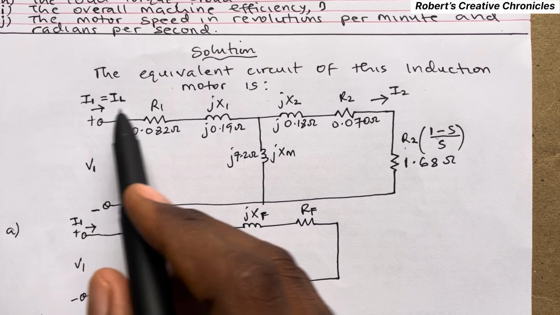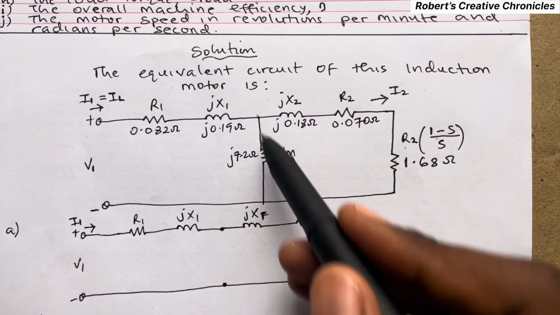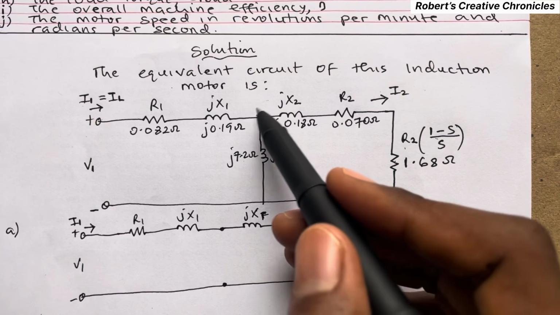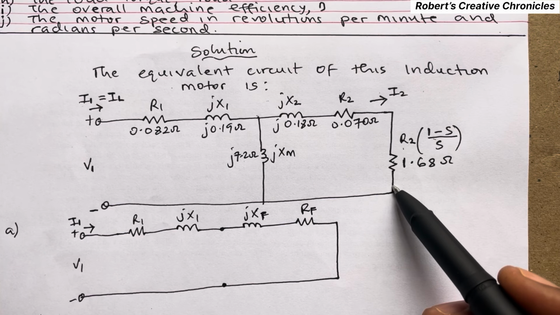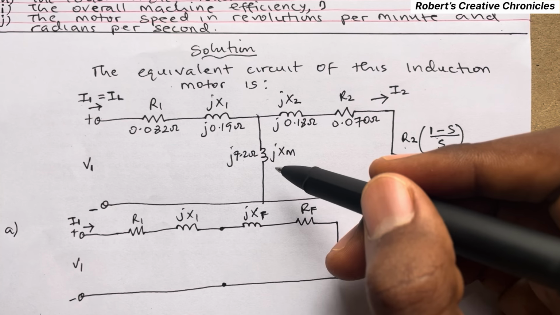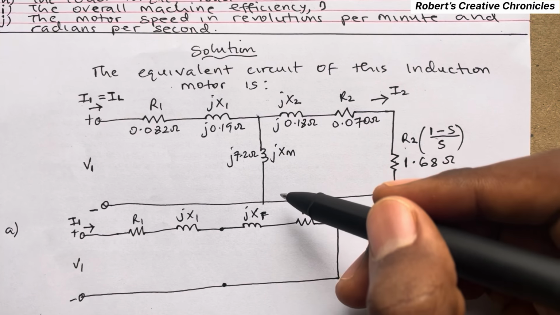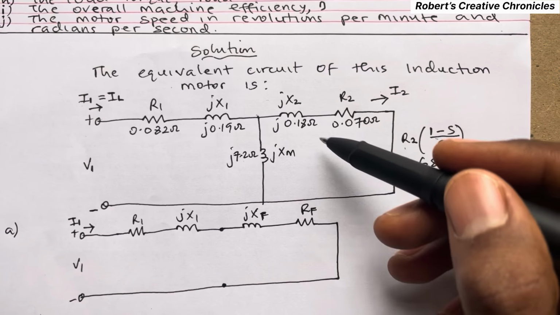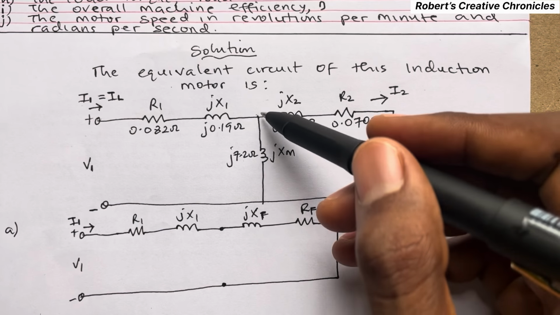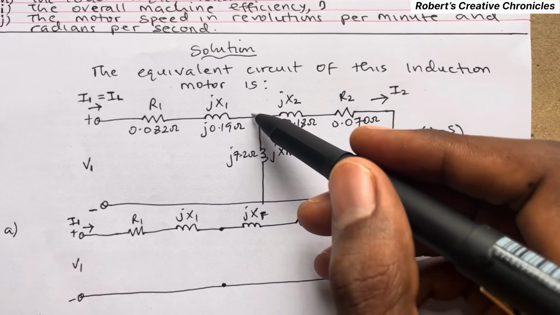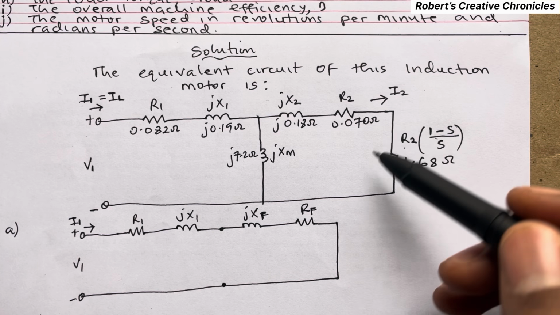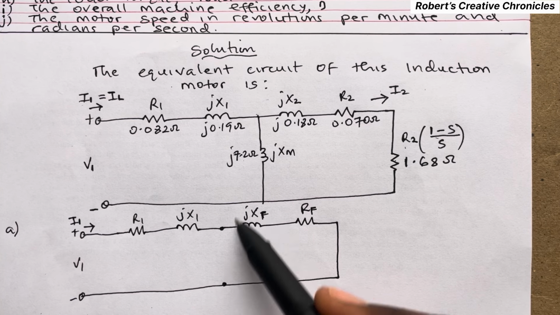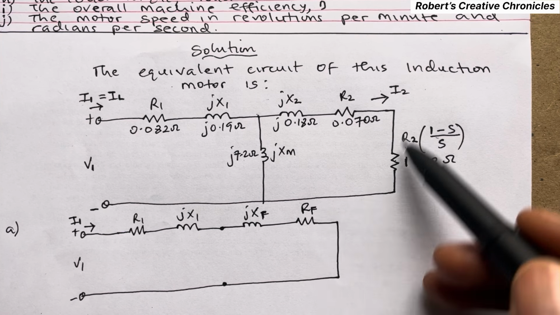You know, when the current enters this node, it will split. This branch is parallel to this branch, so this impedance is parallel to this impedance. Equivalent resistance plus J equivalent reactance gives us impedance. So XF is the equivalent reactance and RF is the equivalent resistance of this branch.